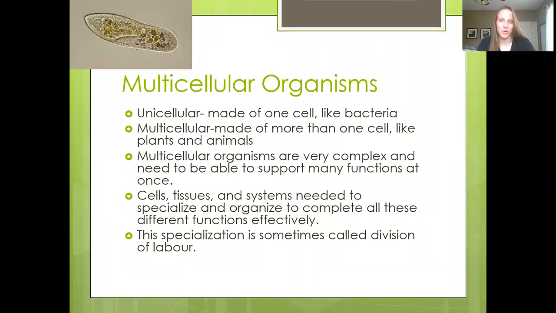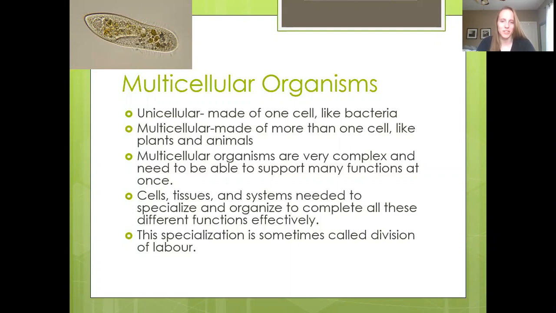So multicellular organisms are any organism that is made of more than one cell. If it's only one cell, we call it unicellular, like a bacteria. But plants and animals are all multicellular. Multicellular organisms are really complex and highly differentiated, meaning that different cells in that organism do different things so that they can have specialized functions.